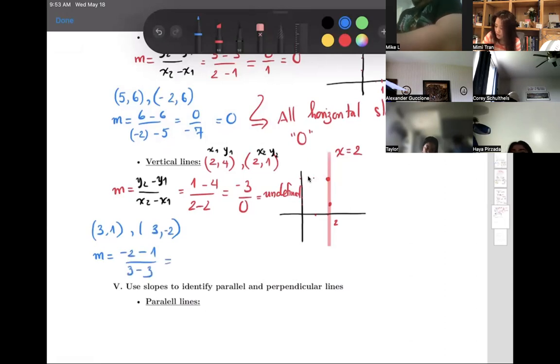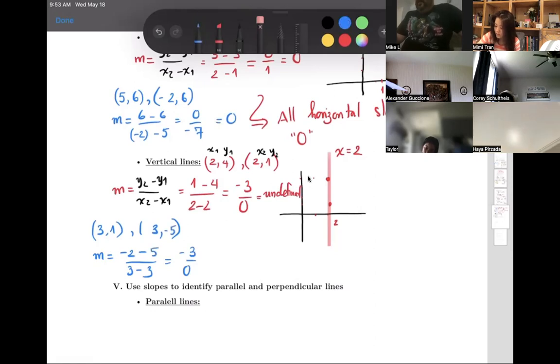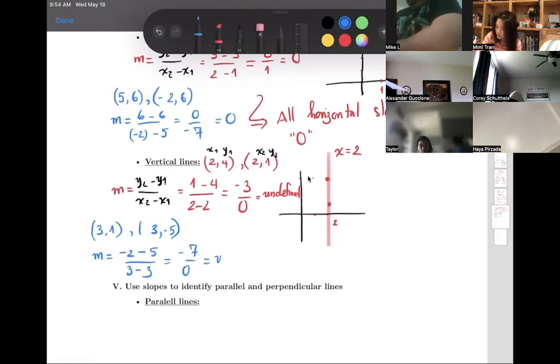So the top is -3, the bottom is 0. That gives you the same one again. Let me change it up a little bit, -5 here, so that we don't have the same answer. So -7, but the point is the bottom is 0, right? So we say it's undefined.